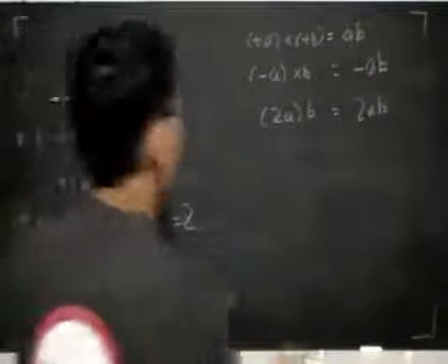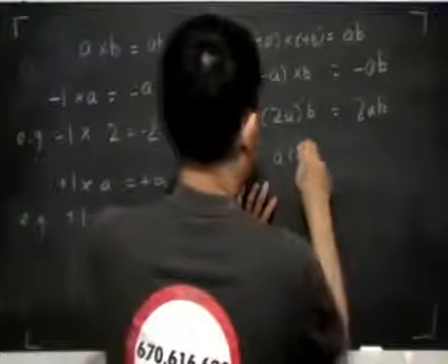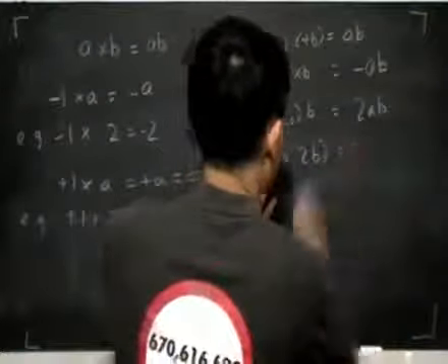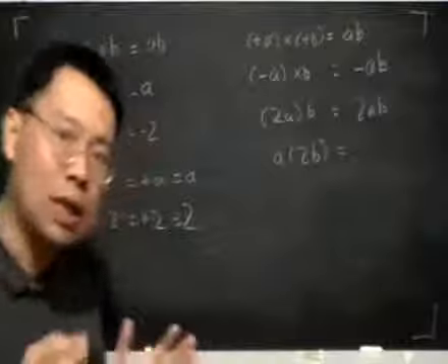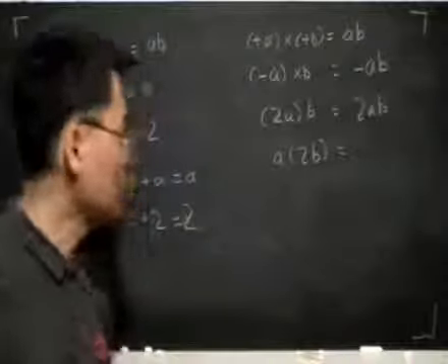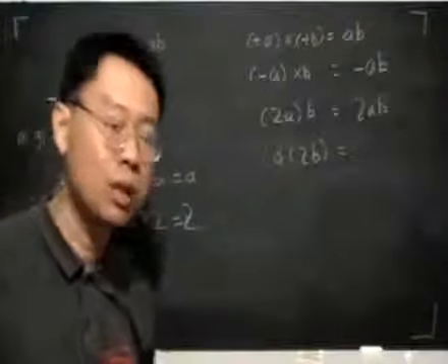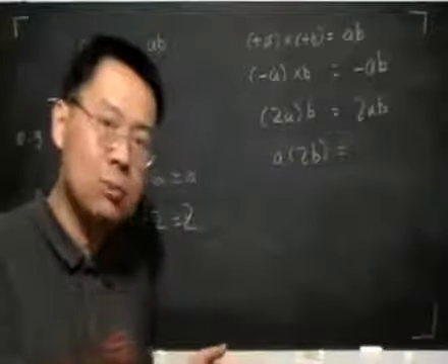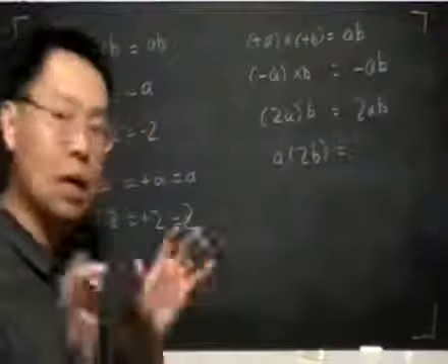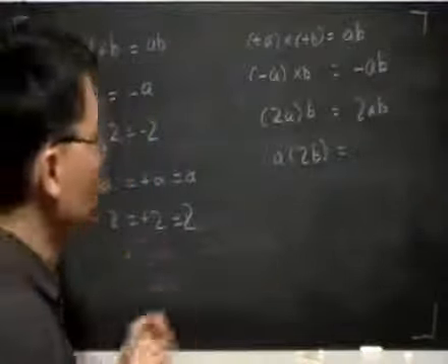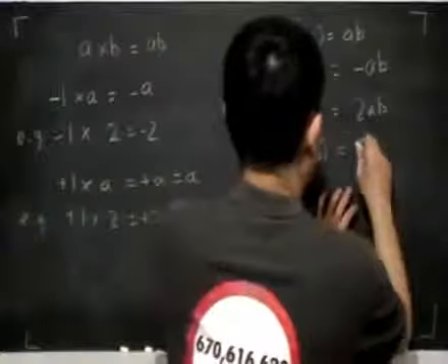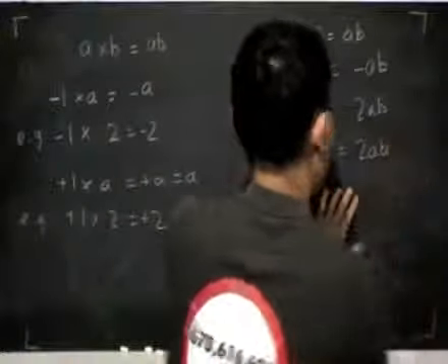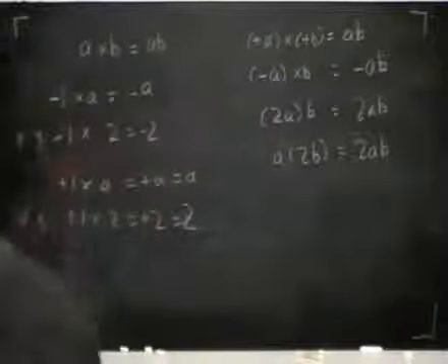Now what if I have A times 2B? Well, that means the same as A times 2 times B. And when we have these three numbers multiplied together, I can rearrange the order and it's the same. So that still means 2AB.